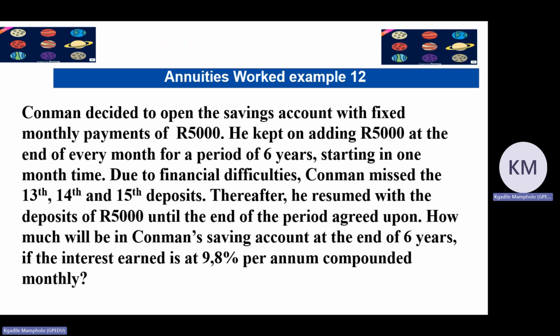Due to financial difficulties, Conman missed the 13th, 14th, and 15th deposits, and thereafter he resumed with the deposit of 5,000 until the end of the period agreed upon. How much will be in Conman's savings account at the end of 6 years if the interest earned is 9.8% per annum compounded monthly?